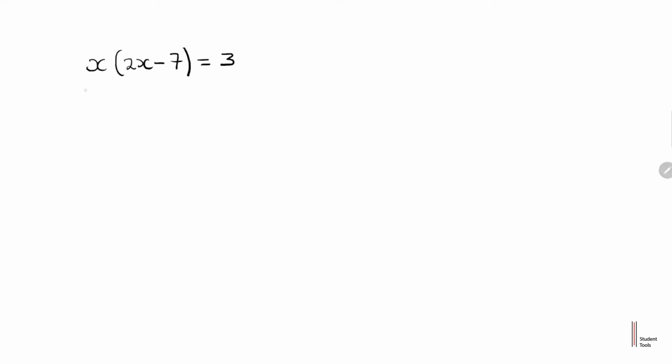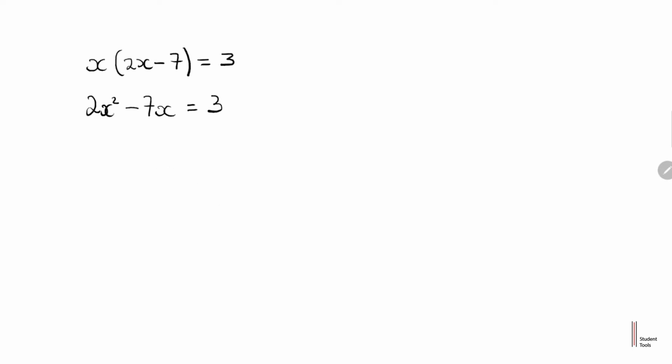So to expand this, we have x multiplied by 2x, that is 2x squared. x multiplied by negative 7 is minus 7x, equal to a positive 3. And now we have this. Let us take the positive 3 from the right hand side to the left hand side.